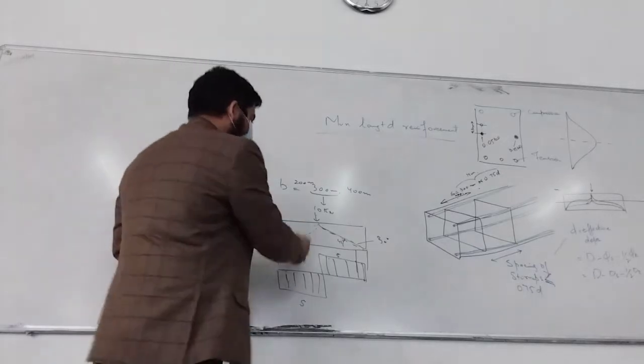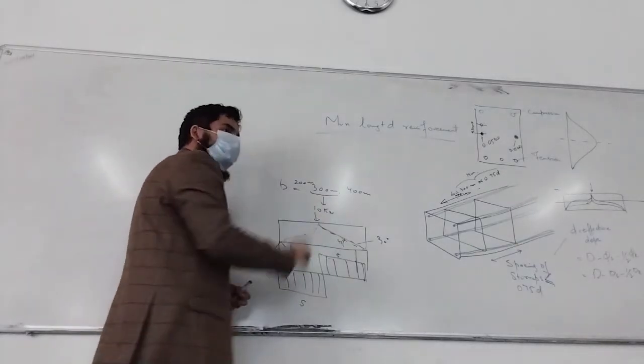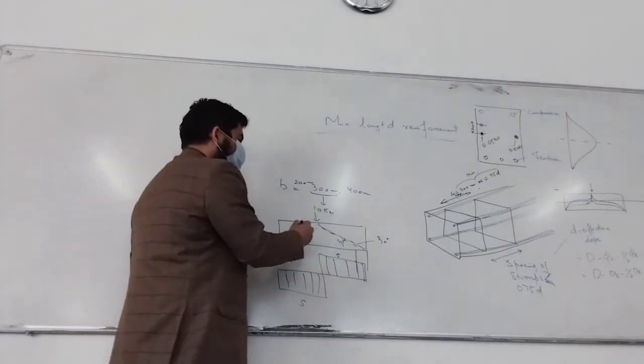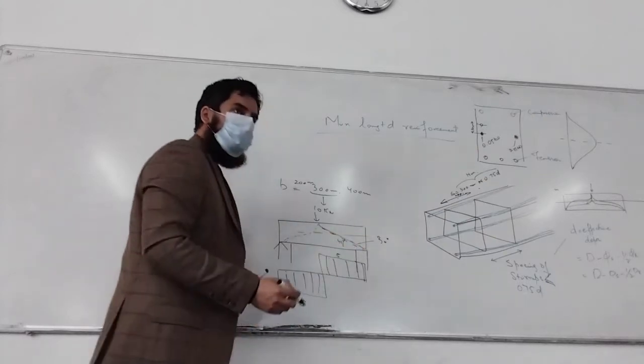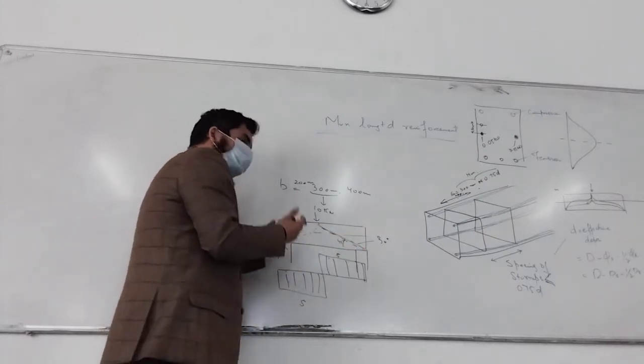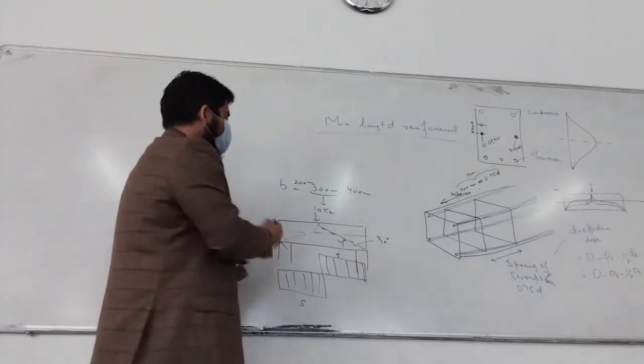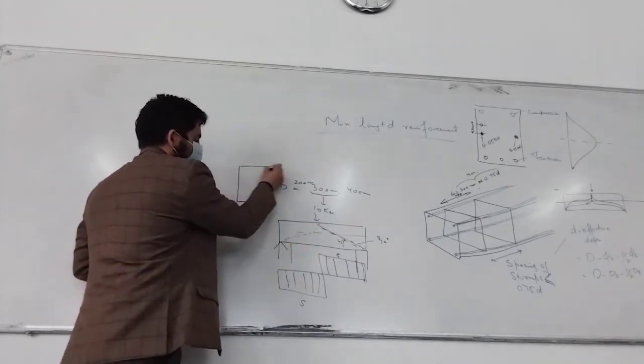But that's transmitted along the depth of the section. And I told you maximum is transmitted at the center. But at the same time it's transmitted along the section. This is the section of the beam.